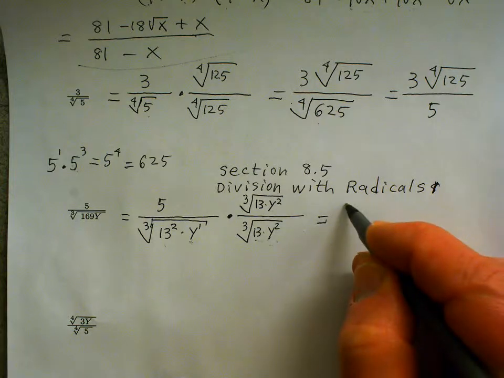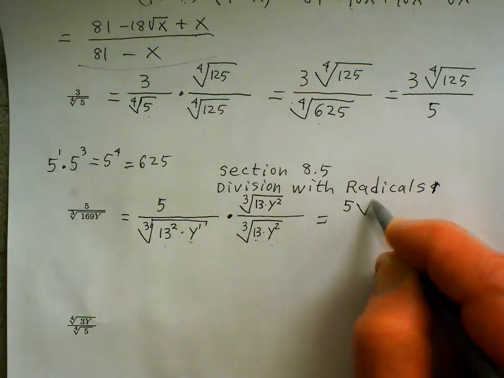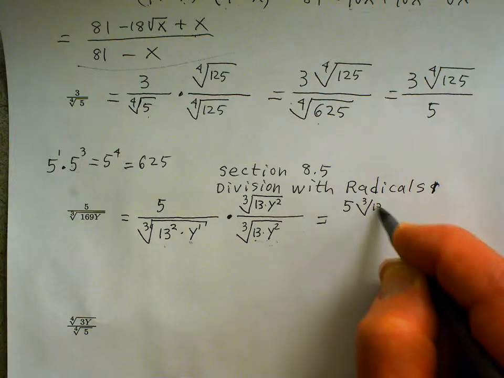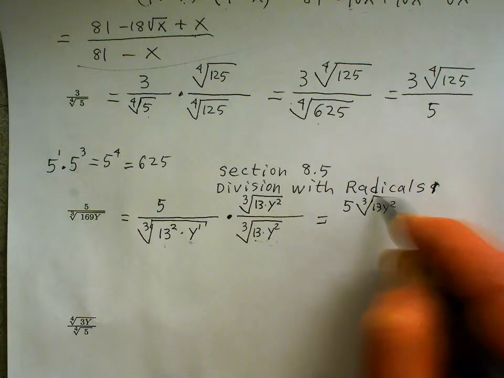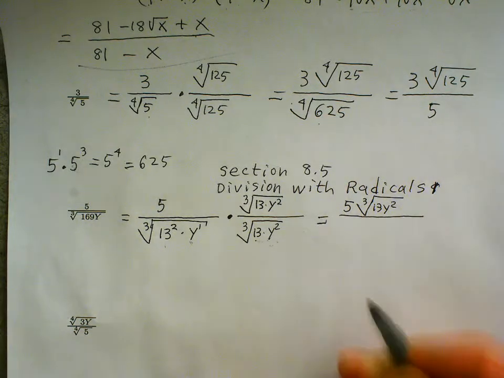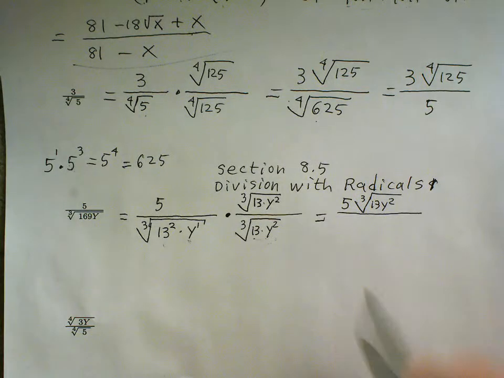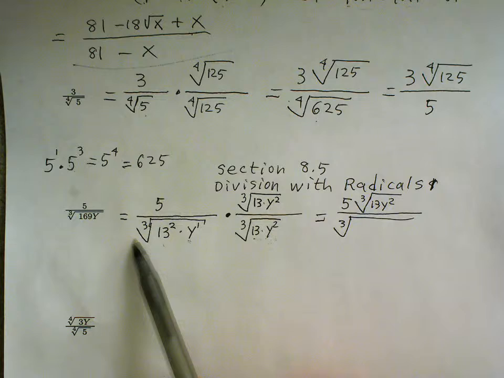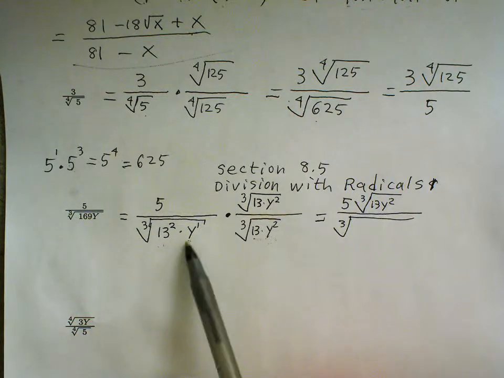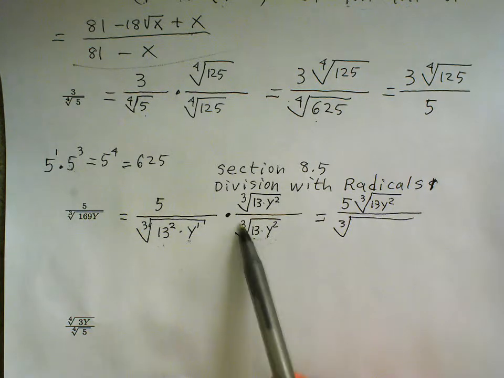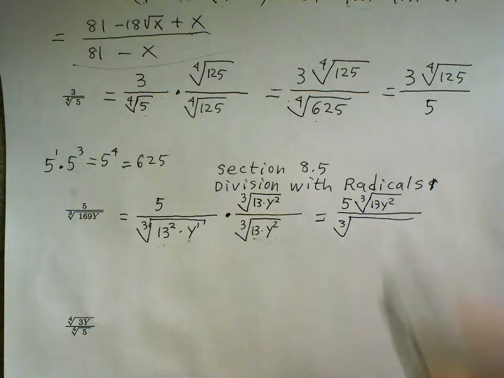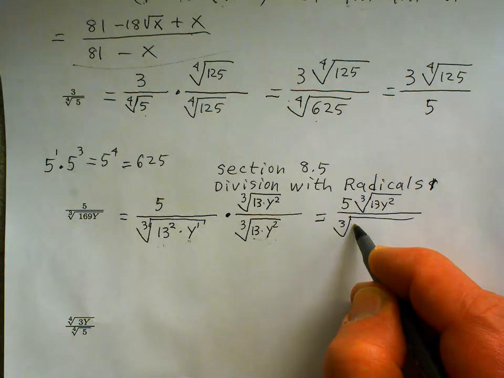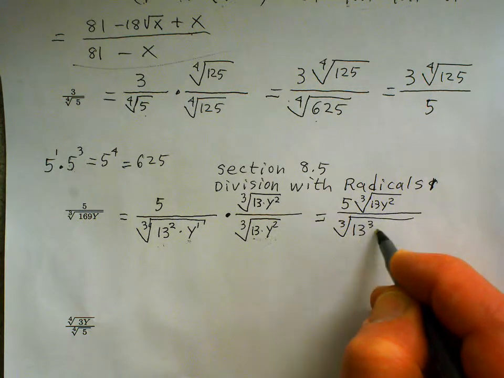So we'll take it a couple more steps. In the numerator, we get 5 times the cubed root of 13y to the second. In the denominator, the cubed root of 13 to the second times y to the first times the cubed root of 13 times y to the second is the cubed root of 13 to the third times y to the third.